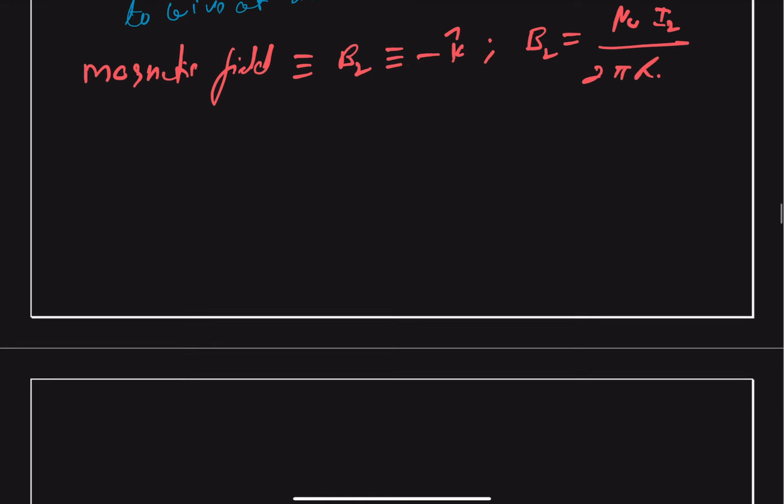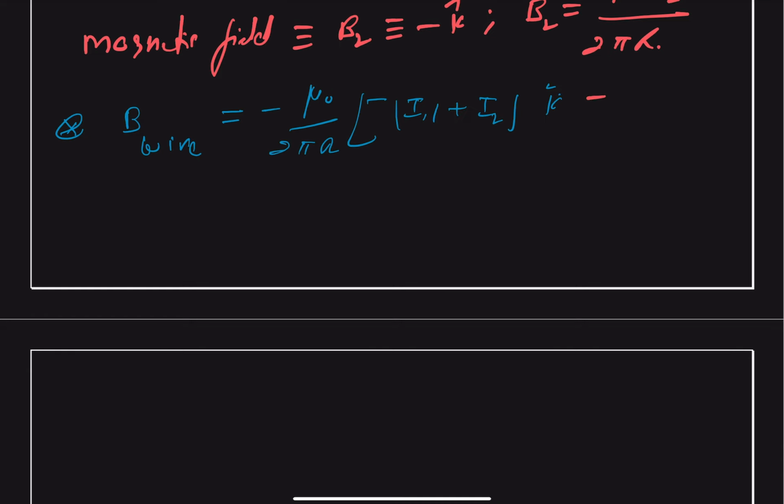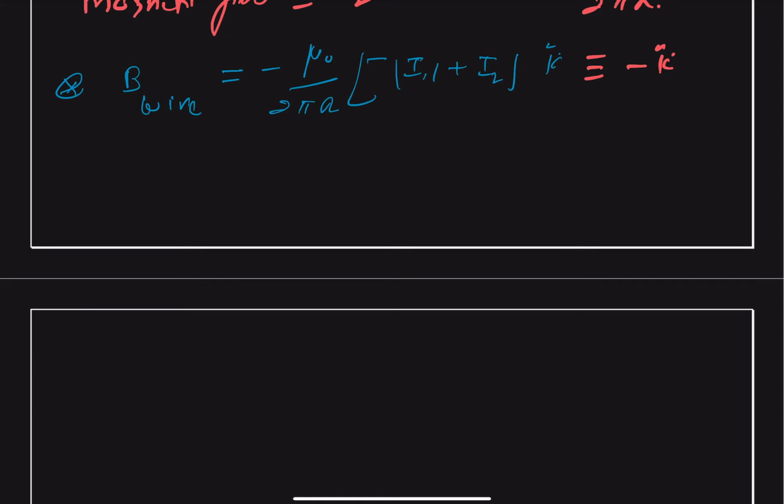So total field due to the wire, B wire will be equal to minus mu naught upon 2 pi r times I1 plus I2, with k unit vector, and direction will be along minus k unit vector, and for loop the direction is also the same, that is minus k unit vector.